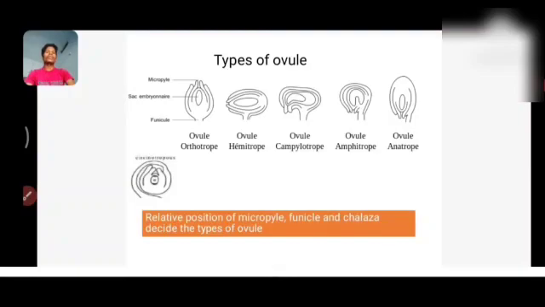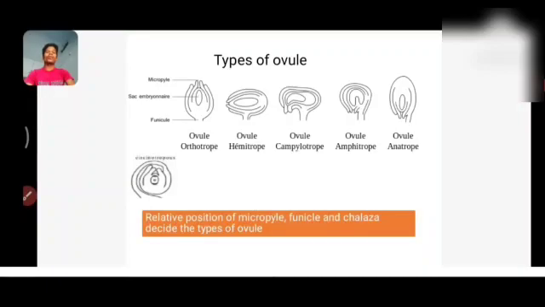And sixth one is the circinotropous ovule. In this type of ovule, the length of the funicle increases and covers the whole ovule. It gets 360 degrees, which means a complete circle.